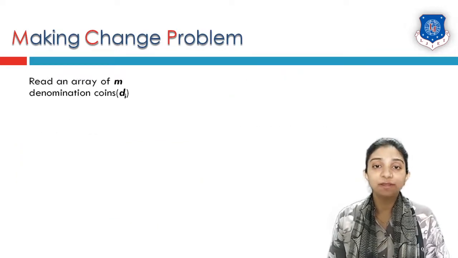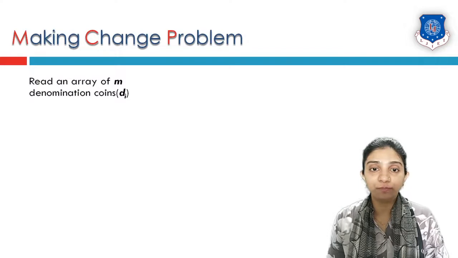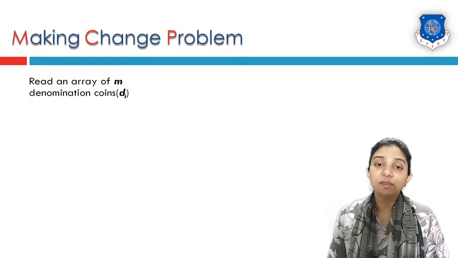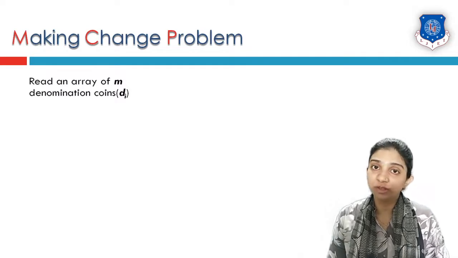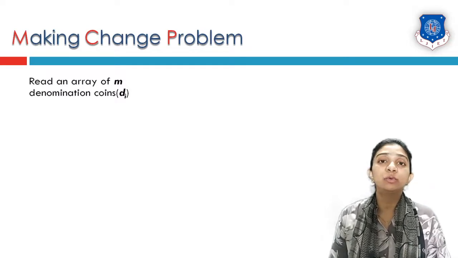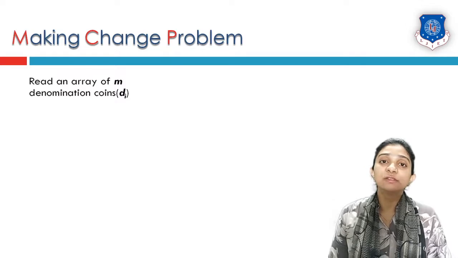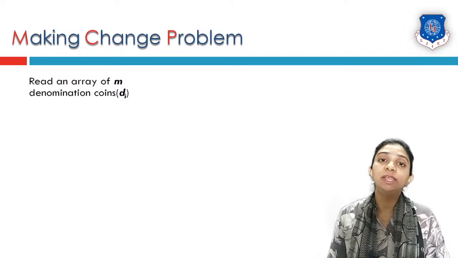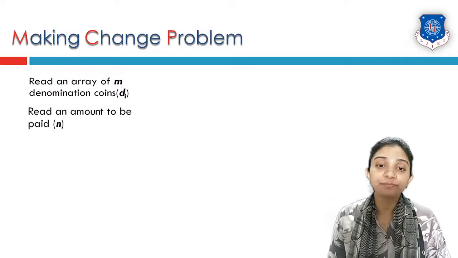Let us understand the making change problem. The input is an array of m denomination coins. For example, if there are only 3 denomination coins, we will have D1, D2 and D3. So the D array is nothing but the denomination coin array.